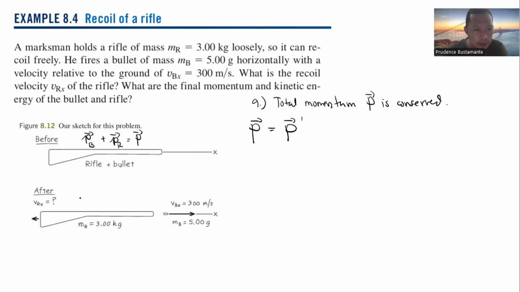Also you have the final total momentum, bullet final plus rifle final, just like that. Okay, so we can rewrite this one like this. P rifle first, plus P bullet is equal to P.